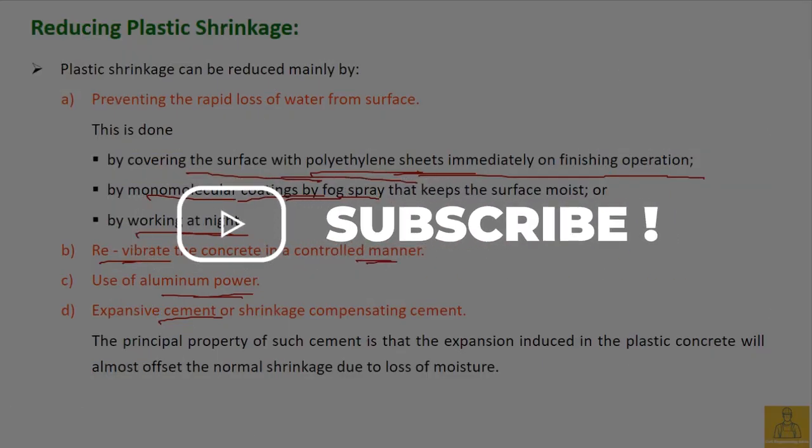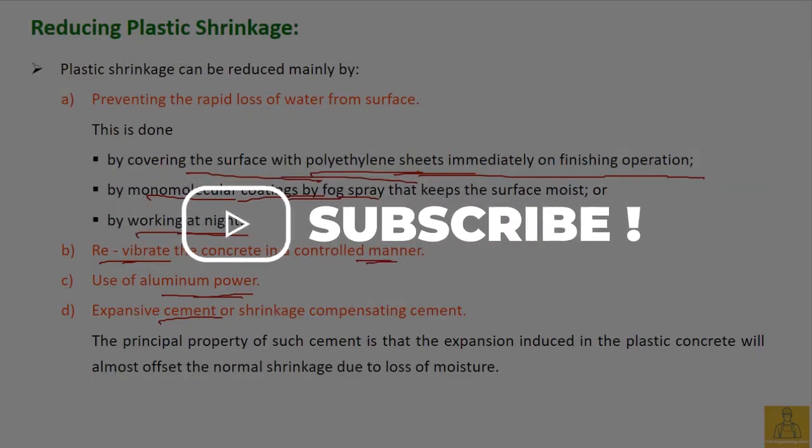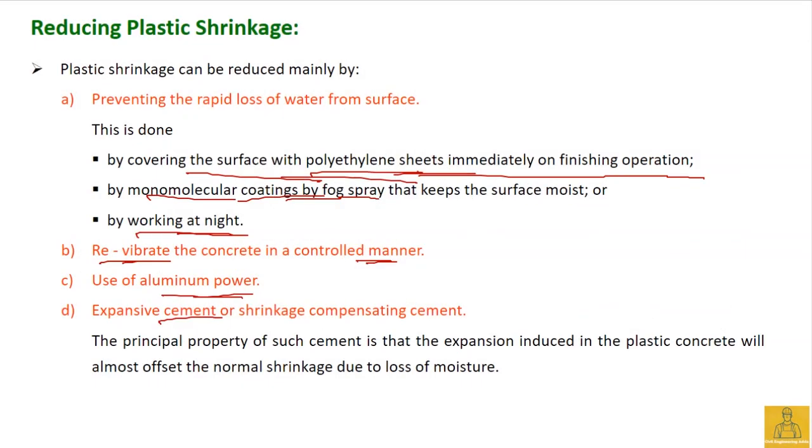Because of loss of water, shrinkage is going to happen, but expansion is also going to happen because you have used an expansive cement. We are going to see in detail about this expansive cement in our unit 6, in different types of concretes.